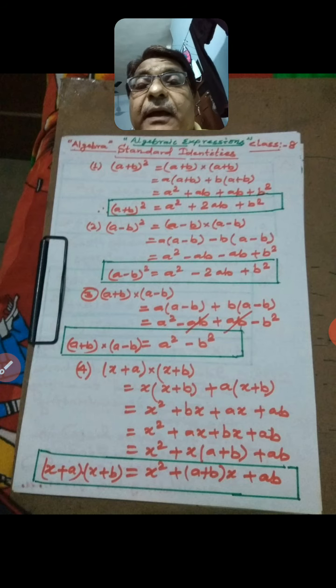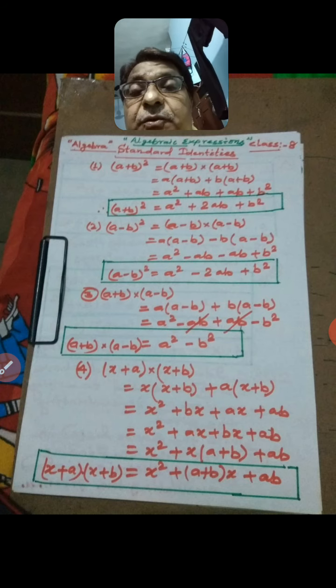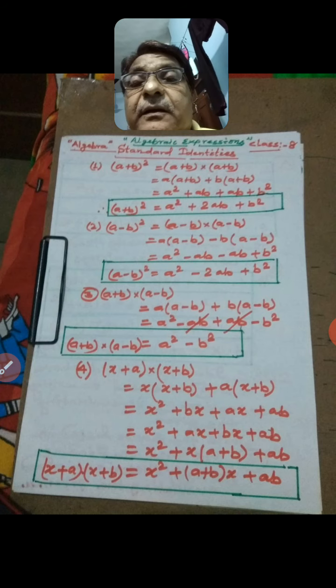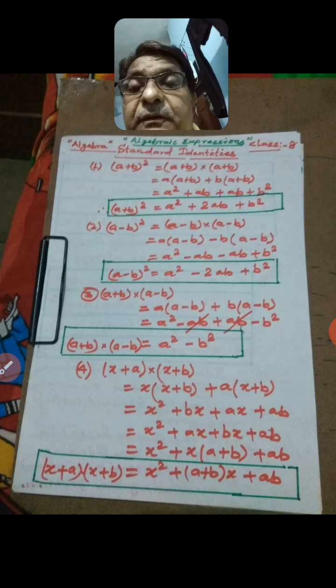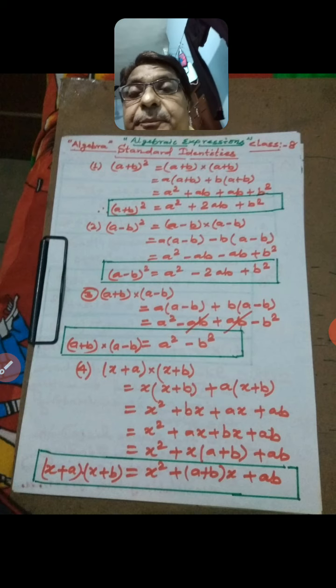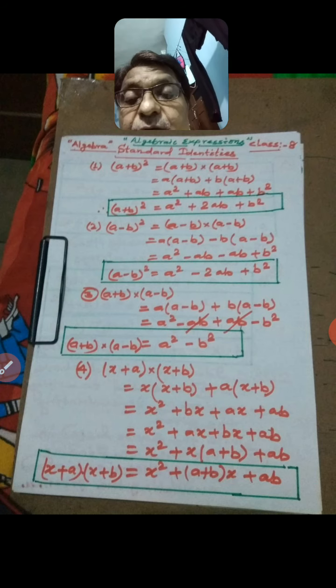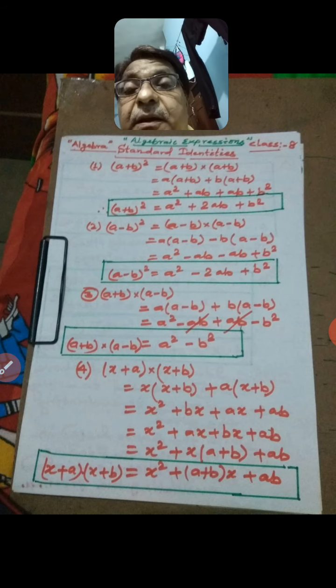By taking x common from these two terms, in the next step we have x square plus x, inside the bracket the remaining terms a plus b, and then bracket closed, plus ab. Now finally we will rearrange it. Then we have the result x square plus a plus b into x plus ab.